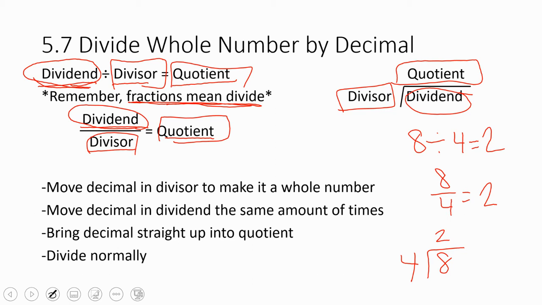You'll then take your decimal point straight up into the quotient and then just divide normally from there. Just getting these steps and remembering these steps is the new part. After that, you're just dividing as if you always would.